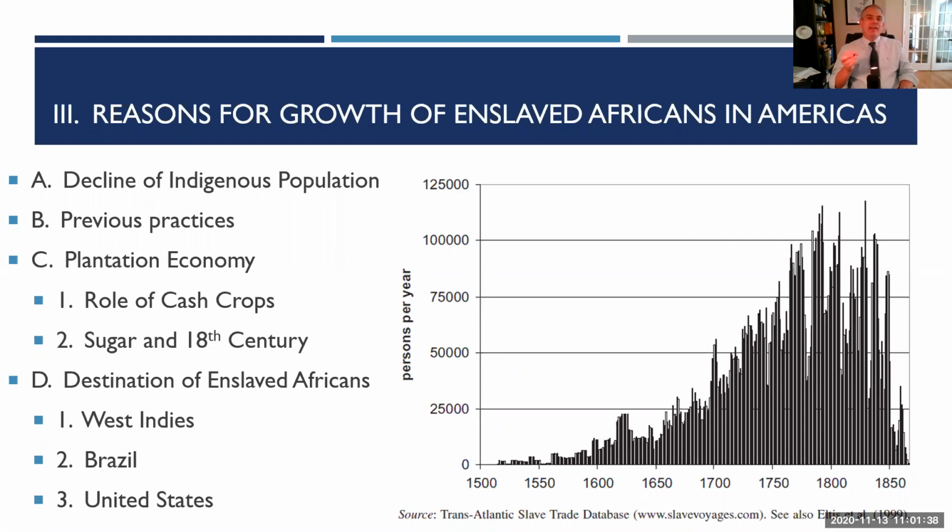So when we talk about the destination of enslaved Africans, the enslaved Africans are coming over against their will to work on plantations that are run by European settlers. These plantations are all throughout the Americas. Of course, when I say plantation in the American context, we think of the cotton plantations of the South.